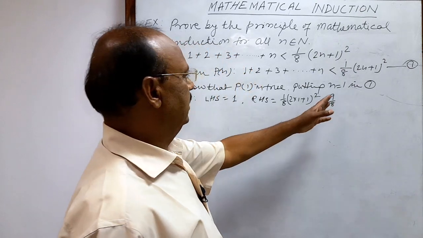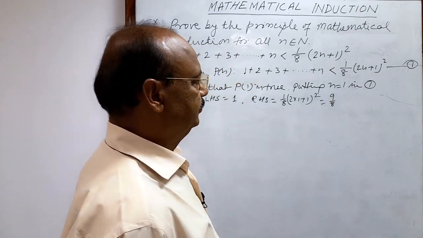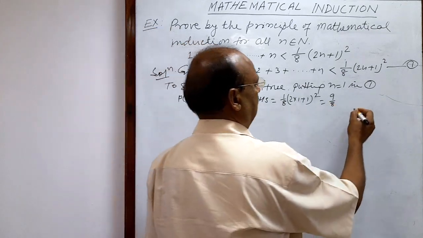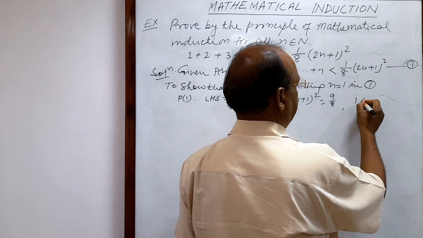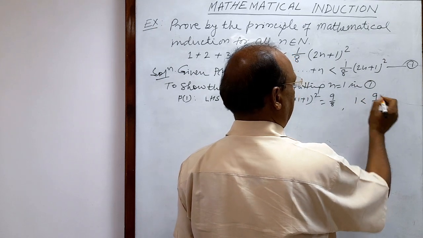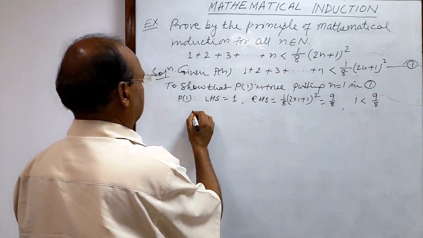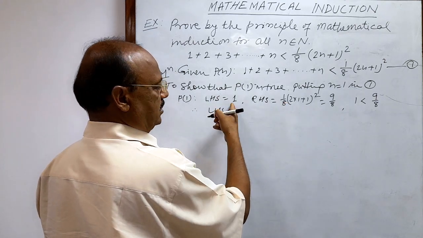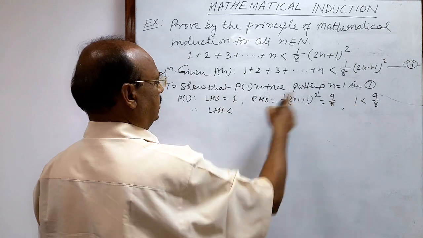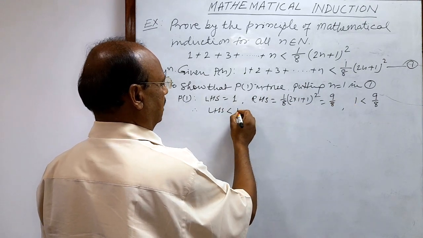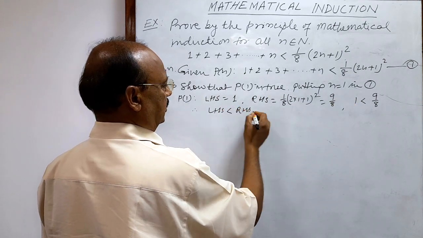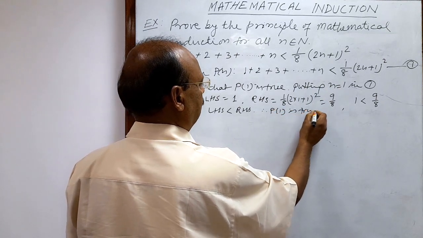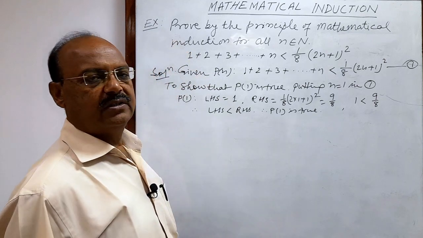And clearly 9 by 8 is greater than 1, or we can say 1 is smaller than 9 by 8. Therefore we are proving here that LHS is 1, RHS is 9 by 8, so LHS is less than RHS. Therefore P1 is true. So this first step is over.